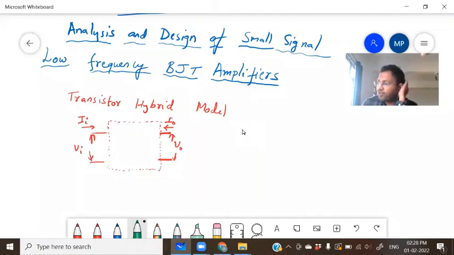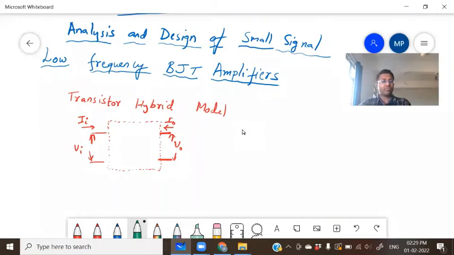Usually among these 4 variables, 2 variables are considered as independent variables and the remaining 2 are expressed in terms of these independent variables. Depending on what you choose as the independent variables, you have different parameters.